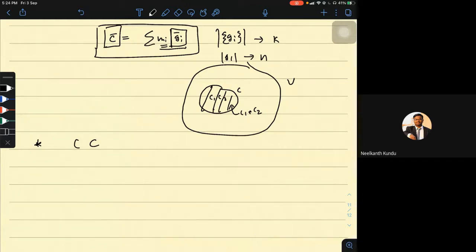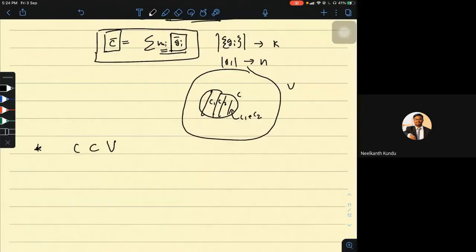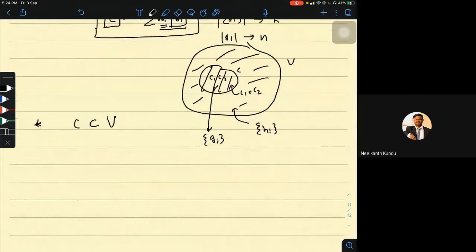Since the code space is a subspace of the larger vector space, there exists another space, the dual space of this code space. This space can be represented as a linear combination of basis vectors, say hi, which are orthogonal to my Gi.